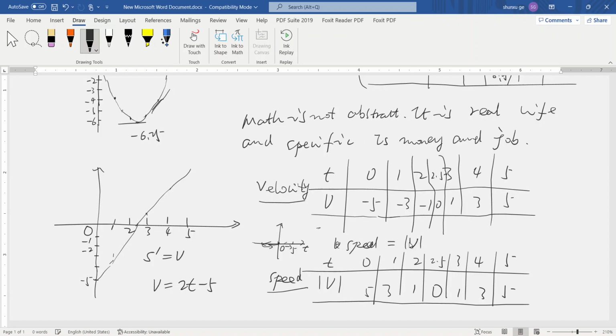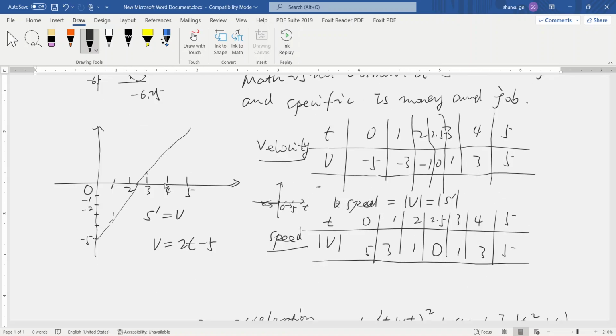We take the absolute value, so that means no direction, all positive, no negative. We don't know which direction they have. This means it is a scalar.